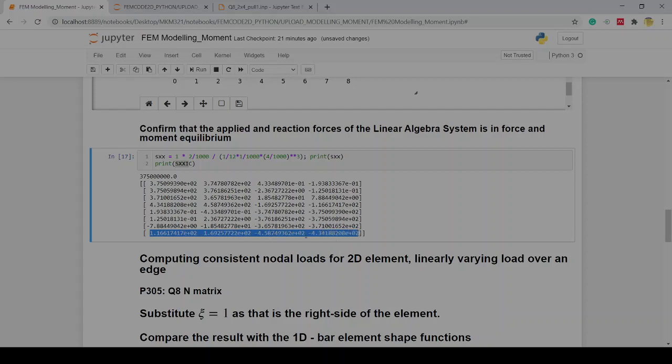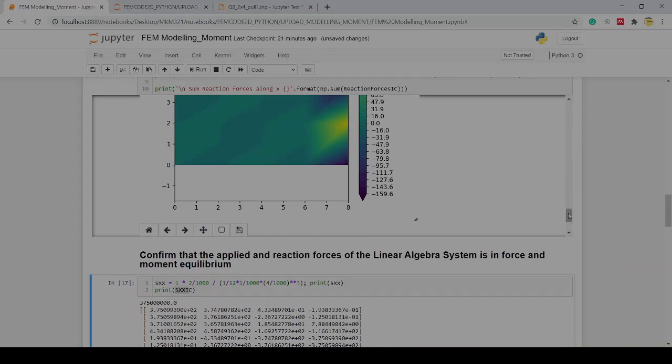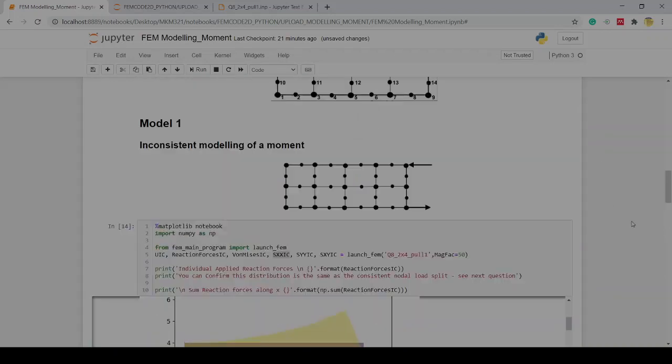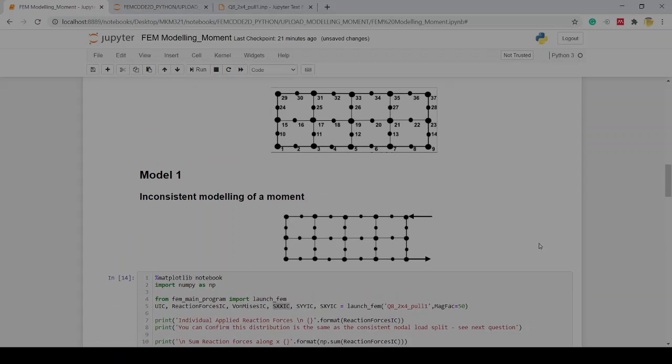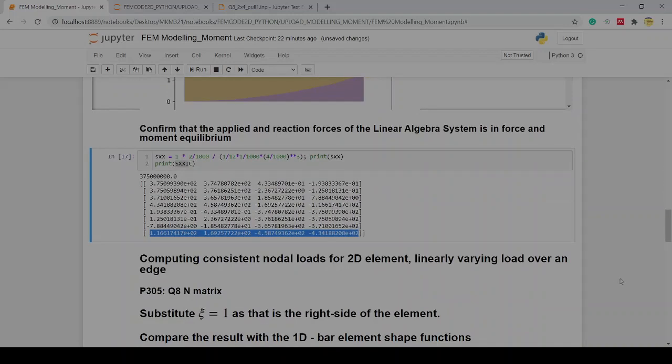Look at that: much larger than minus 375, which is what we expect from our closed form solution for this pure bending moment. Can you see the consequence? All of a sudden we have a much larger stress locally because of this inconsistent modeling, by just pulling and pushing on this structure in this way to model a moment. That's quite a significant difference.